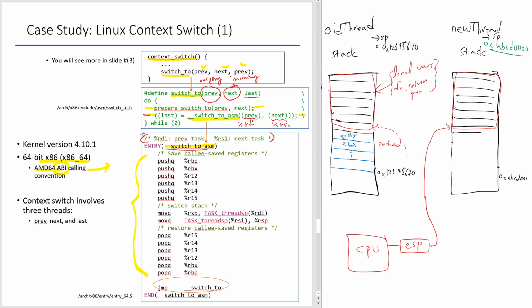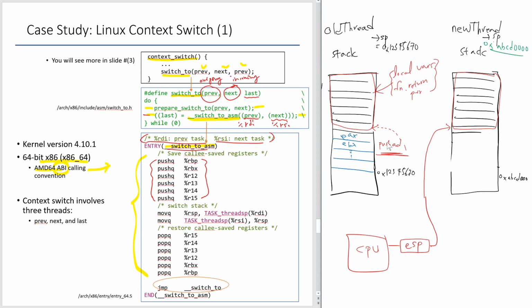I already mentioned these. As you can see, instead of pushad, Linux uses individual push instructions. And the reason why they don't use the pushad instruction like here is that, first of all, the 64-bit version of x86 doesn't come with the equivalent pushad instruction.